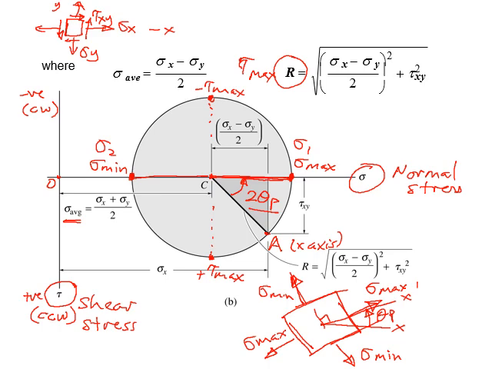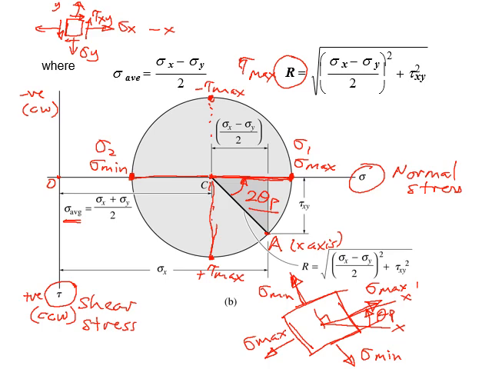The other thing, we can find that tau max is down there, positive tau max, and negative is up there. So the radial lines, so if we draw a vertical line here, sorry about the curve that I drew, the vertical radial lines will be the location of the plane where you can find tau max.